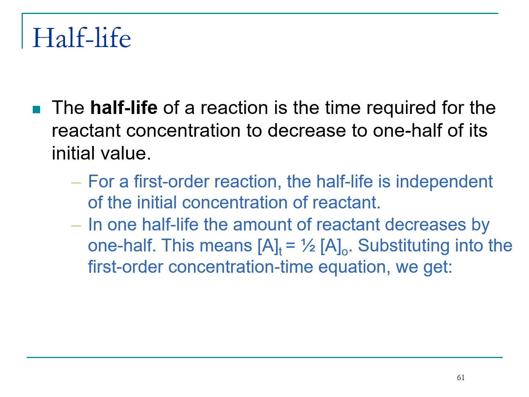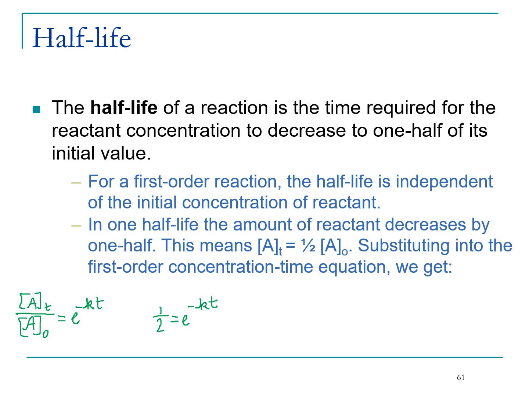And so actually, if you plug in, we had A_t over A naught equals e to the minus kt. Remember that equation? That was first order. If A_t is half of what A naught is, then this just ends up being 1/2 equals e to the negative kt.